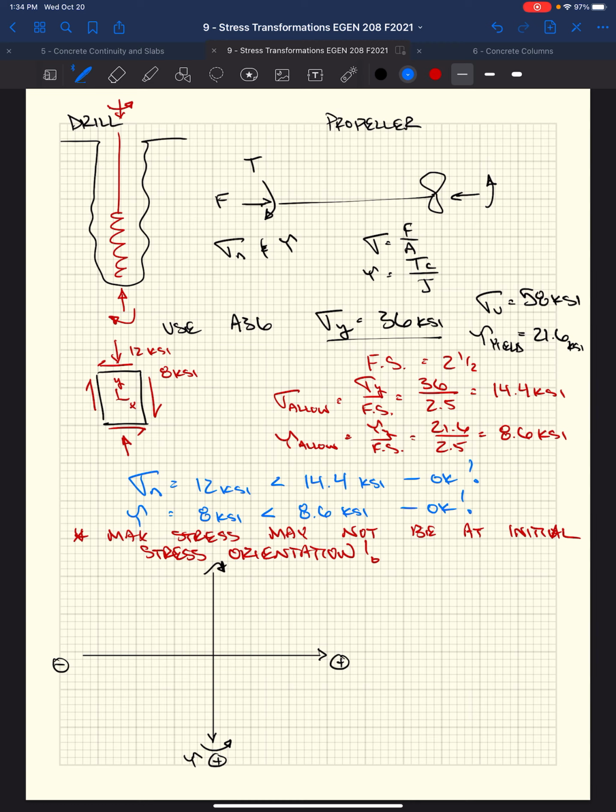X face, we have 0 normal stress and 8 KSI of shear stress. So we're gonna be on our y-axis, and we're going to actually be above the x-axis or on the negative side because those shear stresses are clockwise, right? And then we know we have a compressive stress of 12 KSI, so we're actually down here, something like that. Draw this really nice straight line. Draw this really nice circle once I scribble something terrible.